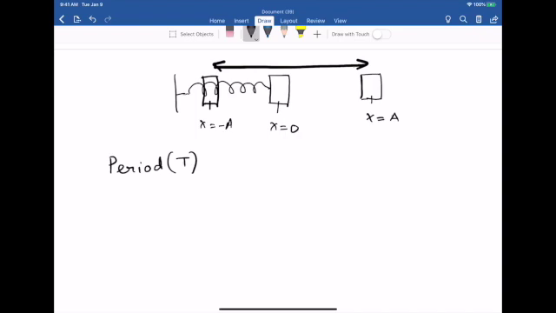Period is simply the time taken for one complete cycle. You can start wherever you like. You can start at x equals 0. So one complete period would be when it goes to x equals plus a, comes back to x equals 0, that's half a period, goes to x equals minus a, and then comes back to x equals 0. Then the full cycle is complete, and it starts a new cycle. So the period is the time taken for one complete cycle.